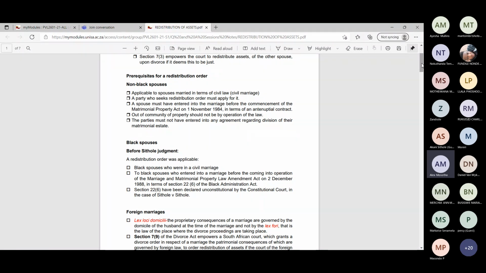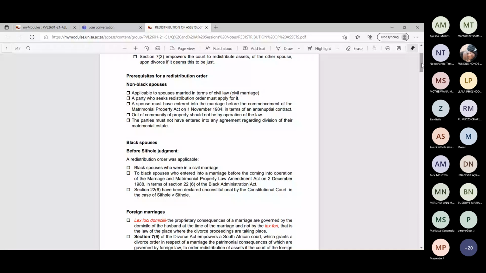Okay, thanks. If your marriage regime is out of community of property, and that marriage occurred before 1 November 1984, and you are non-black, in other words white, Indian, Coloured, Asian or Chinese, during the process of a divorce you can ask the court to redistribute assets.